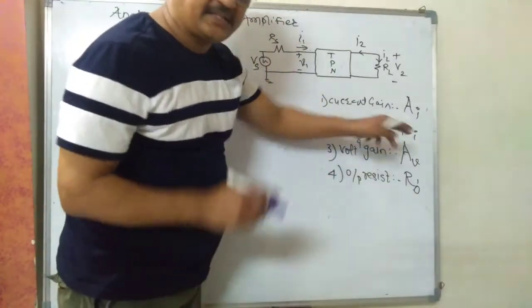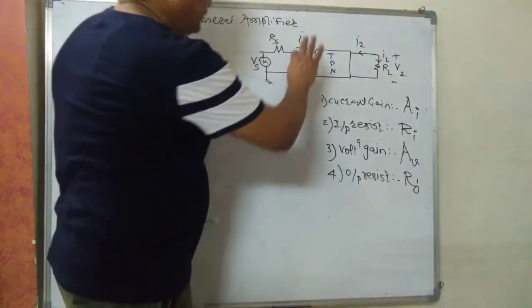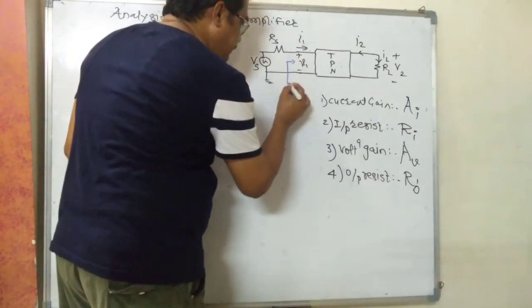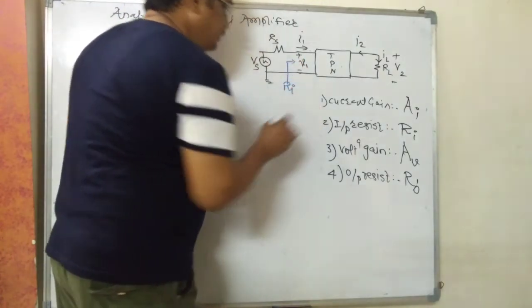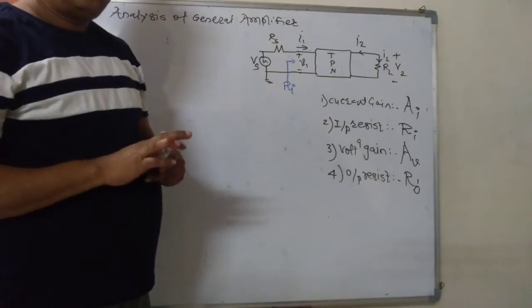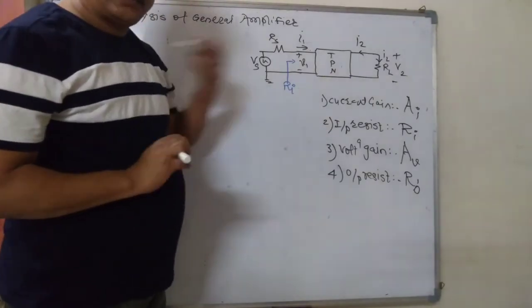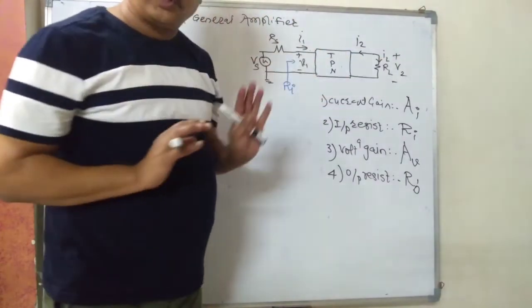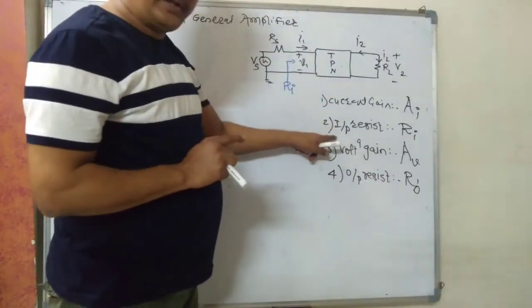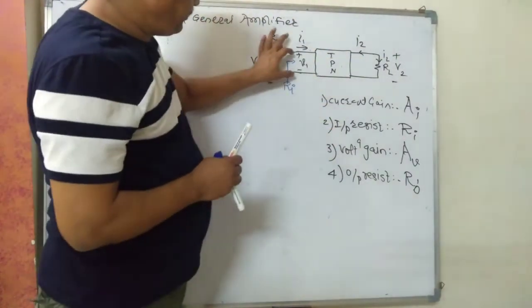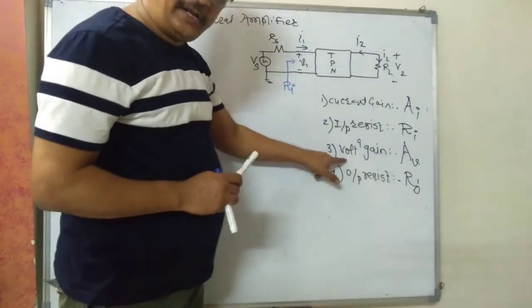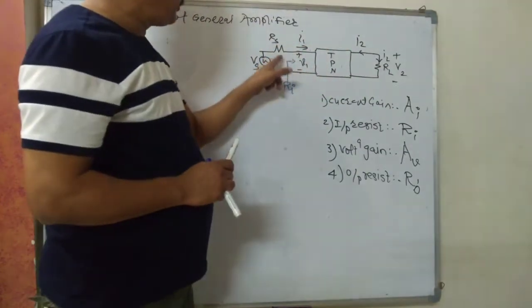Input resistance is in the input terminals. These two are the input terminals, so I am indicating an arrow here. This is RI, the input resistance. Current gain is the ratio of output current and input current. Input resistance is the resistance between the input terminals, input voltage upon input current. Voltage gain is the ratio of output voltage upon input voltage.